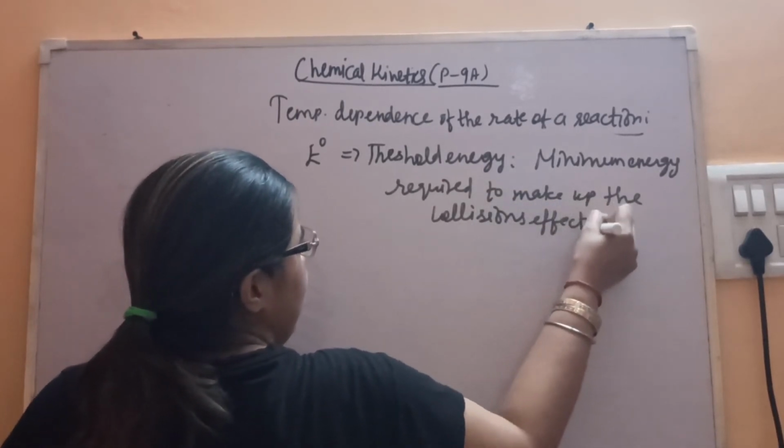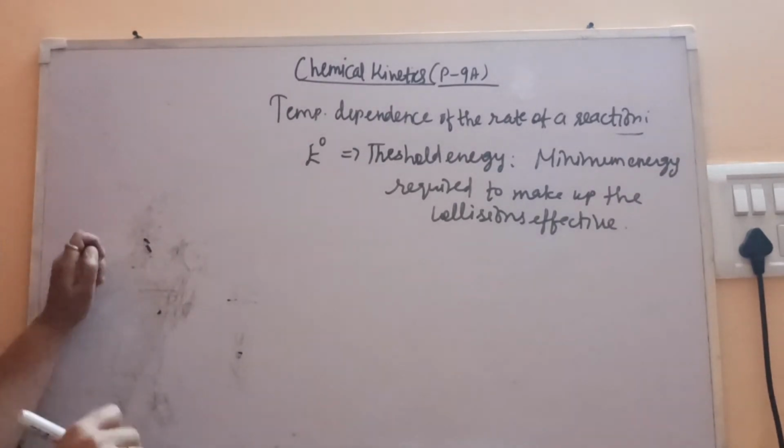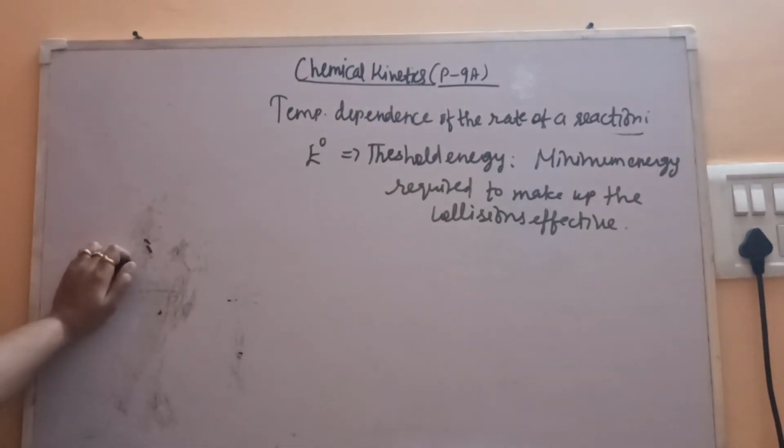So this is the E naught, the minimum energy required to make the collisions effective. So in the graph you see, it represents the minimum energy, that is the threshold energy.